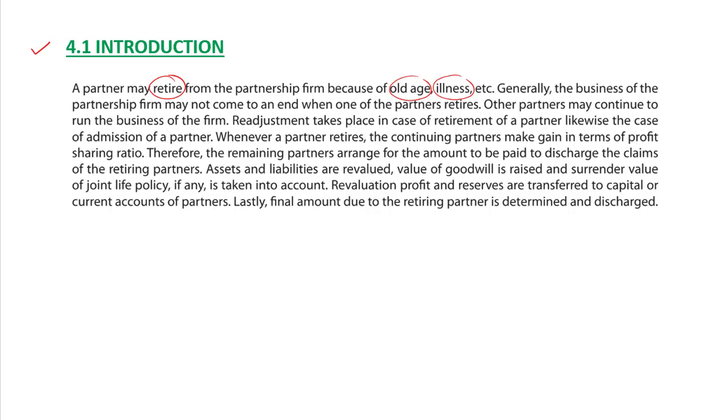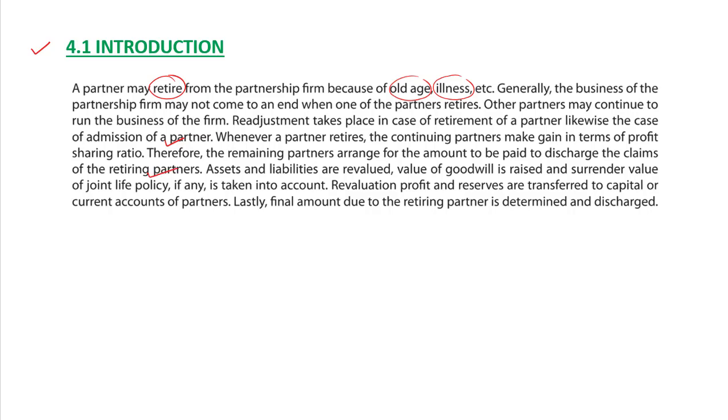Readjustment takes place in case of retirement of a partner, likewise in case of admission of a partner. Whenever a partner retires, the continuing partners make a gain in terms of profit sharing ratio. Therefore, the remaining partners arrange for the amount to be paid to discharge the claims of retiring partners.